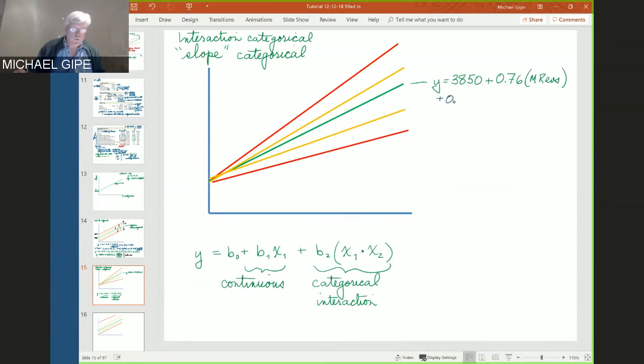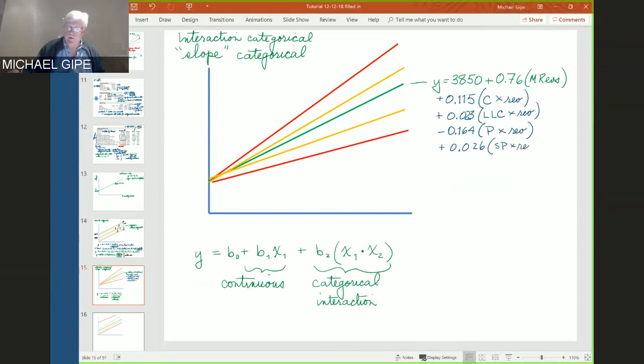So in this case, it's 0.115 times C times revenues, or 0.023 times LLC times the revenues, or minus 0.164 times P times the monthly revenues, or 0.026 times SP times the revenues.